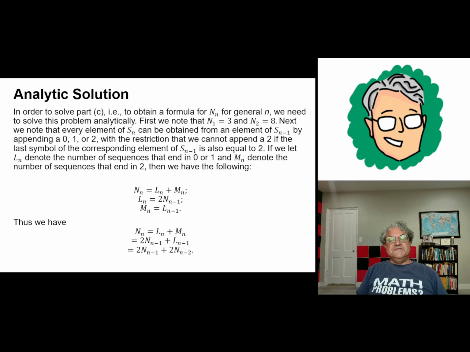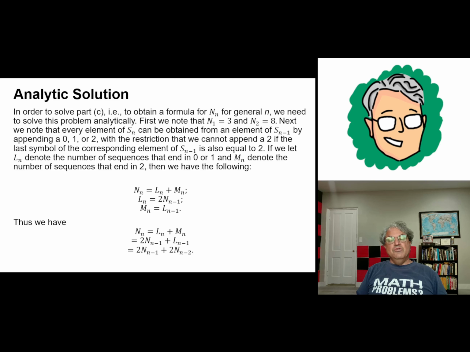So we have these three equations here. And now we can just do some algebraic manipulation, some substitution, and get a recurrence equation involving just capital N sub n. So you write capital N sub n is L sub n plus M sub n, but L sub n we said was 2 N sub n minus 1, and M sub n was L sub n minus 1. We just do one more substitution.